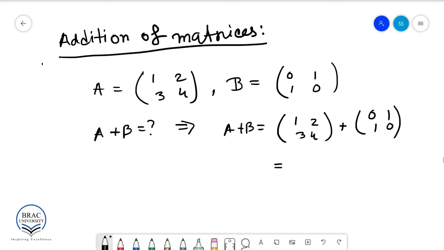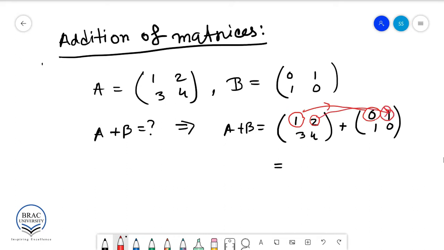Now, how do we add them? We have to add them element wise. I mean that this is 1 appearing in the first row and the first column, and this is a 0 appearing at the first row and first column. So first we have to add these two, and 2 here will be added to this one.